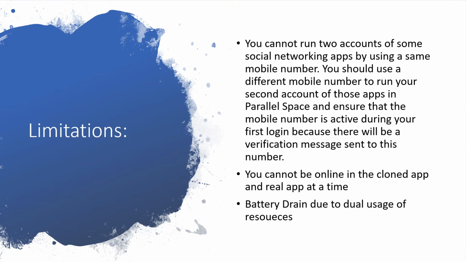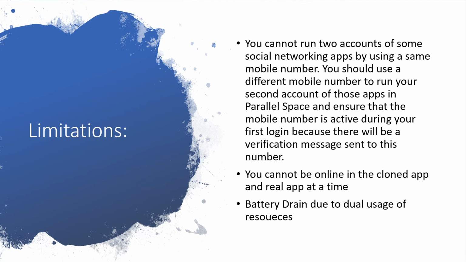Now for every app there are a few limitations. Parallel Space has a few limitations. They are: you cannot run two accounts of some social networking apps using the same mobile number. You should use a different mobile number to run your second account in those apps.